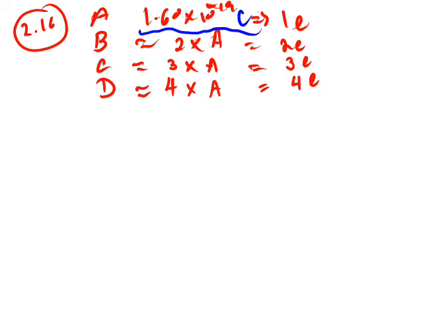Now I'm going to do number 17. Number 17 has a number of parts to it, A, B, and C. The radius of an atom of gold is about 1.35 angstrom. Let me write down here 2.17.